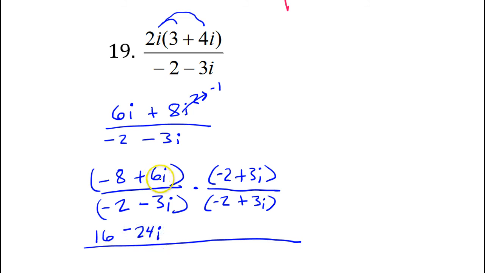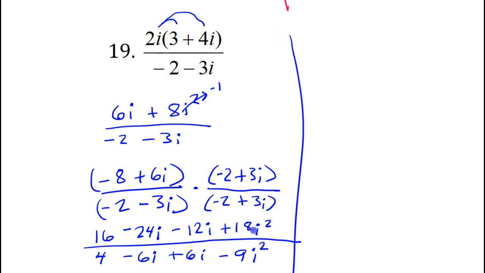If I distribute the 6i, that's negative 12i plus 18i squared. Now, if I distribute the negative 2, that's 4 minus 6i. If I distribute the negative 3i, plus 6i minus 9i squared.